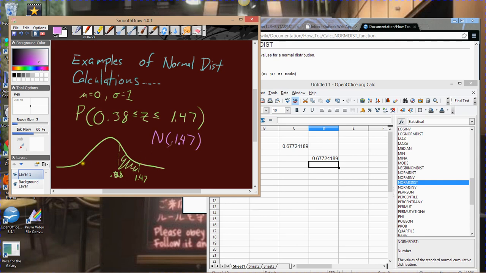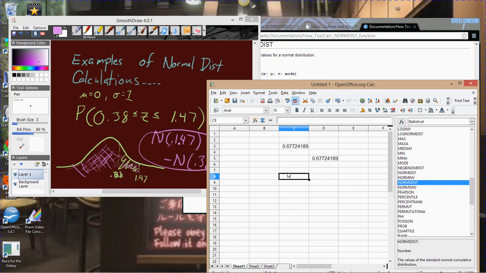Alright, so this guy would give us the area completely to the left of the 1.47. If I do the n of 0.38, that'll give me the area just to the left of 0.38. And so if I subtract that area off from the first guy, it just leaves the area in the middle, which is what I want. So what I'm going to do is just find normal distribution of both of them and then subtract the answers.